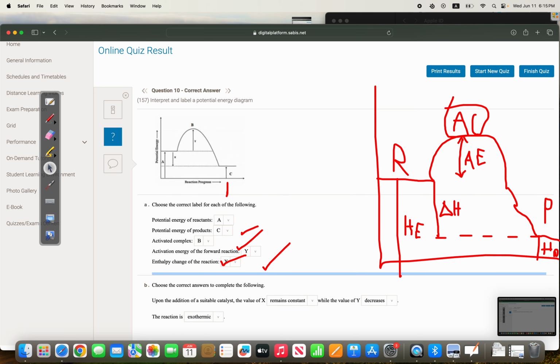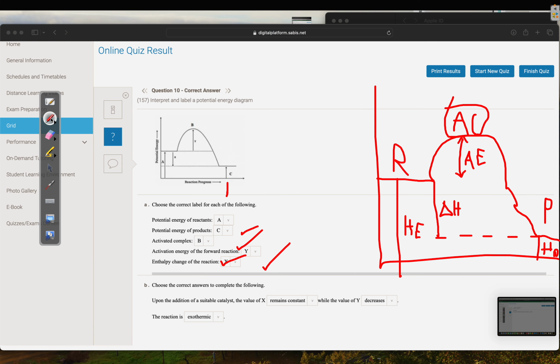Okay. Upon the addition of a suitable catalyst, the value of X, which is the delta H, will remain constant. With the catalyst, it will only change the Y in this case, or the activation energy, as we said, and it will decrease it. It won't increase it, because if we increase the Y, the rate of the reaction becomes slower, which is not what the catalyst does.